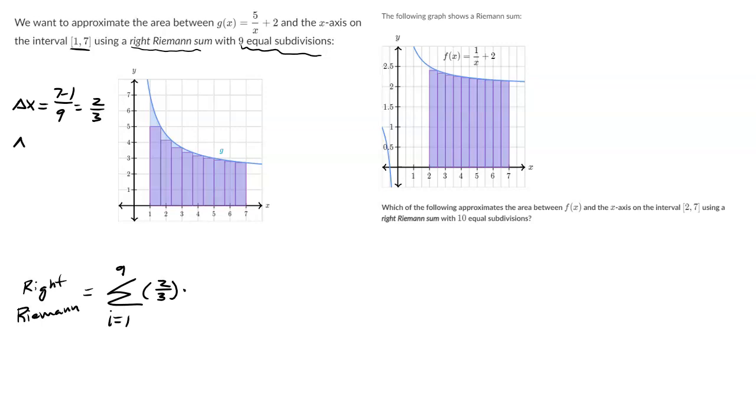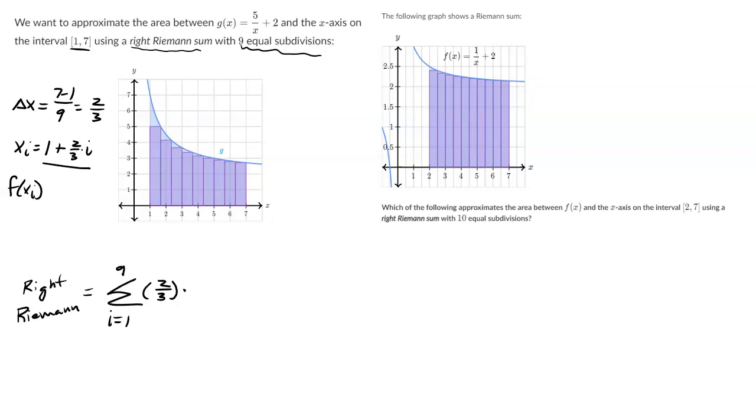So let me figure out x sub i first. X sub i is going to be the starting value, 1, plus the width times i. F of x sub i is me plugging this answer into the equation given.